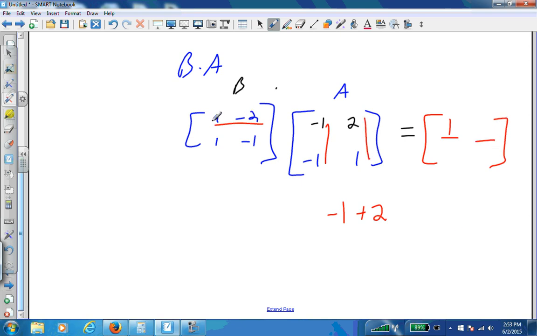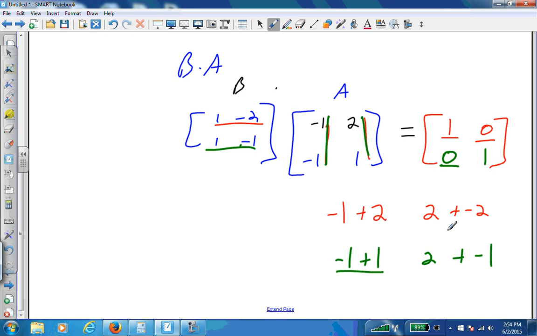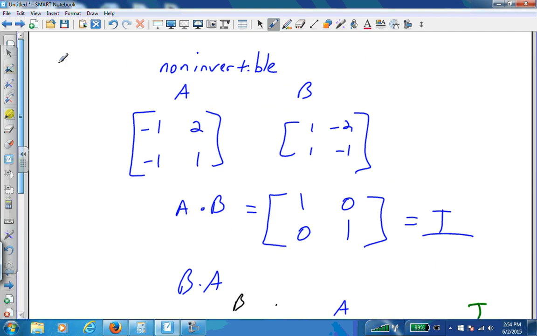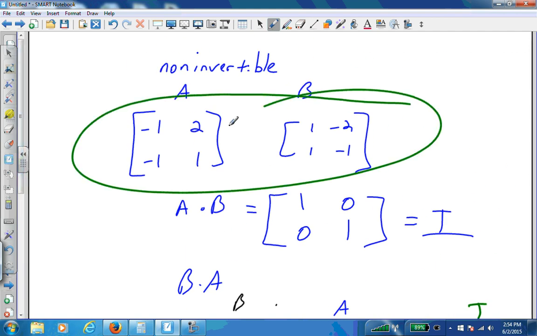Row 1, column 2, so 1 times 2, plus -2 times 1, so 0. Then row 2, column 1, 1 times -1, -1 times -1, so 0. 1 times 2 plus -1 times 1, so 1. So yeah, that's still the same size identity matrix. So these two matrices are inverses of each other.